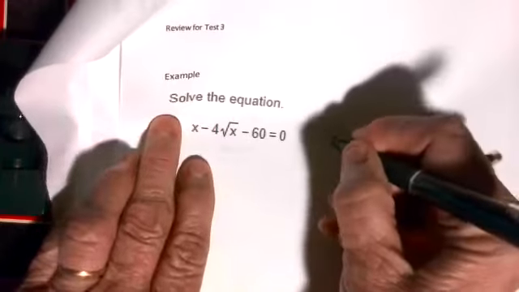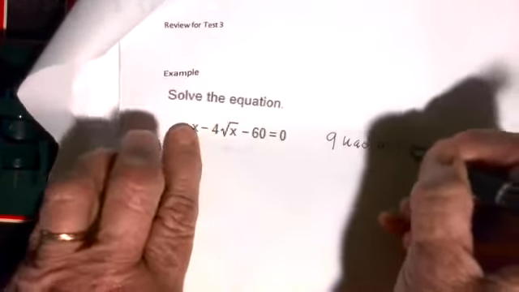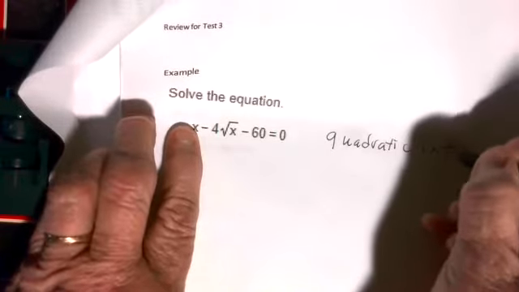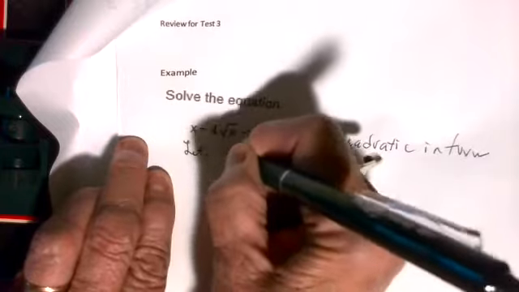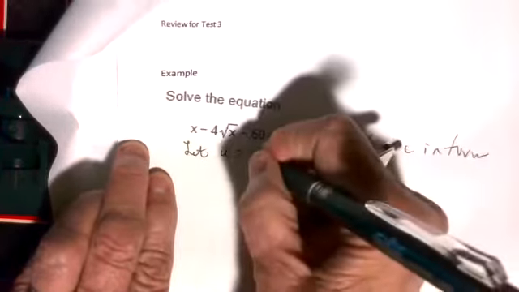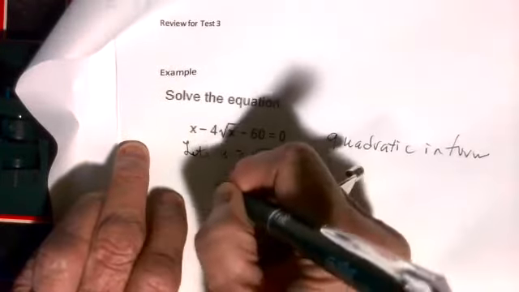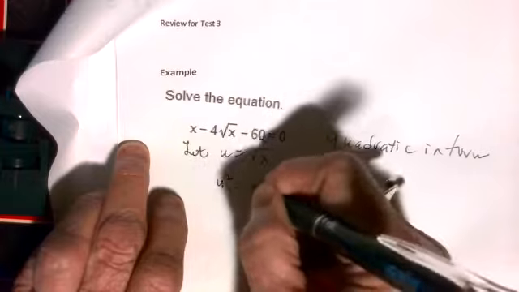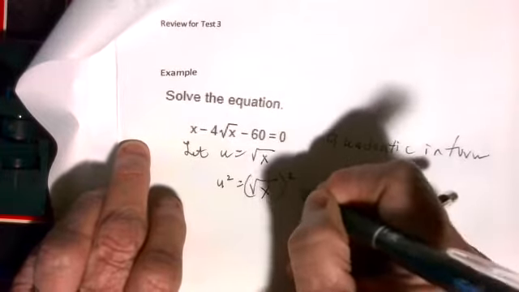This is quadratic in form. If we let u equal whatever this middle variable is, so I'm going to let it equal square root of x, u squared would be equal to the square root of x squared, which would be x.